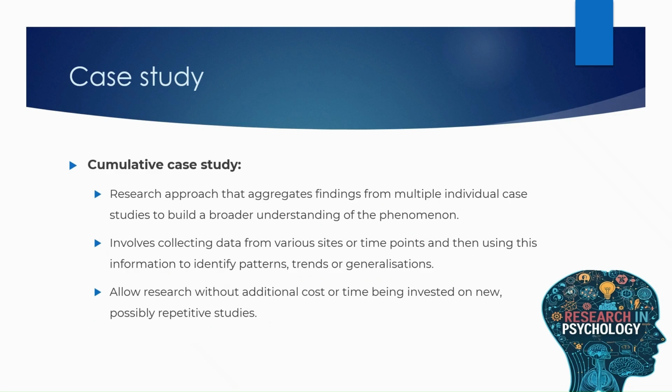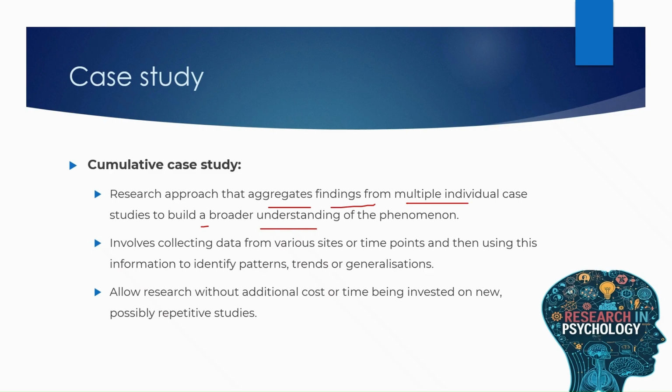Then we have cumulative case study. Now, here there's a research approach that aggregates findings from multiple individual case studies to build a broader understanding of the phenomenon. So suppose you are going to study COVID.